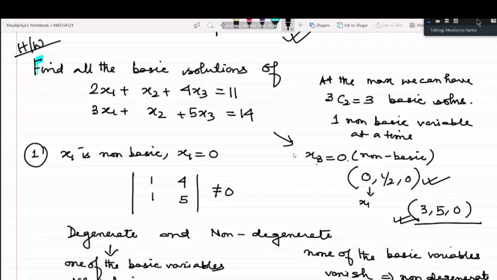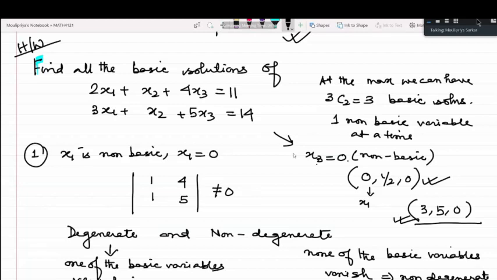Okay, ma'am. So I hope all your confusions regarding basic, feasible, degenerate, non-degenerate are clear so far. Can I say that you have understood all these terms properly? What is meant by basic? What is meant by feasible? What is meant by degenerate? What is non-degenerate? And what kind of solutions may a linear programming problem have?